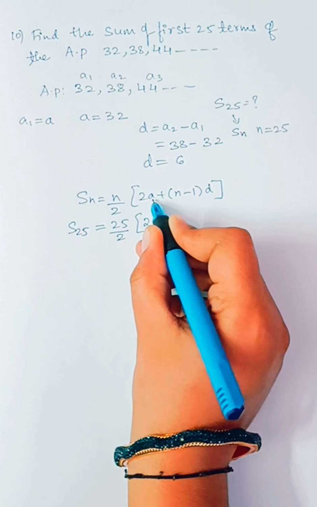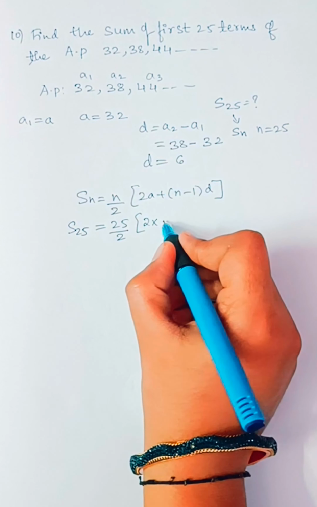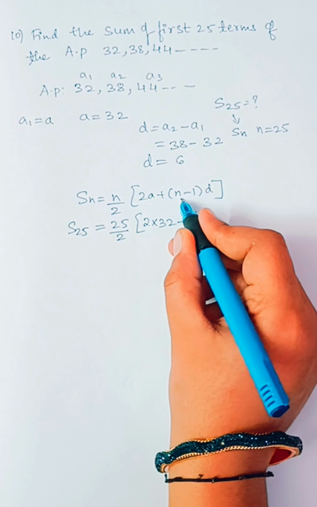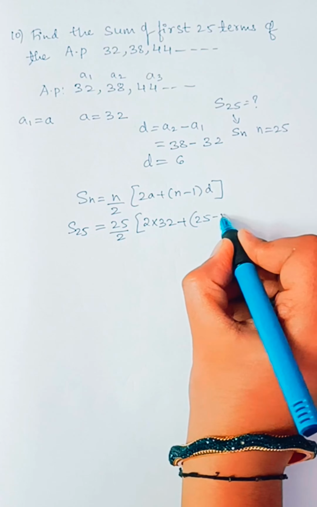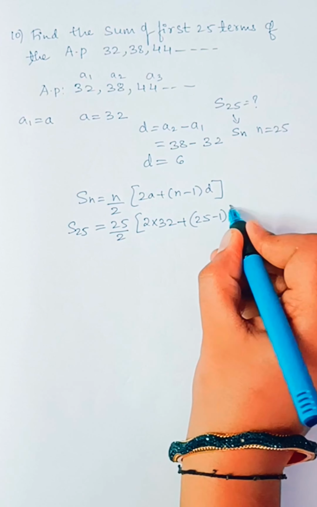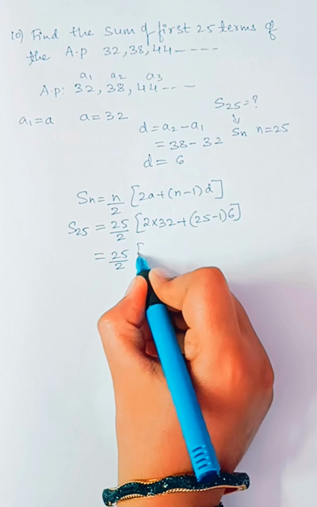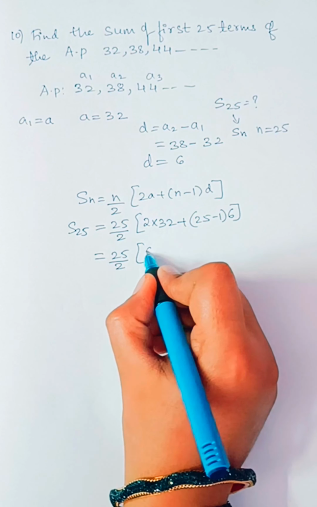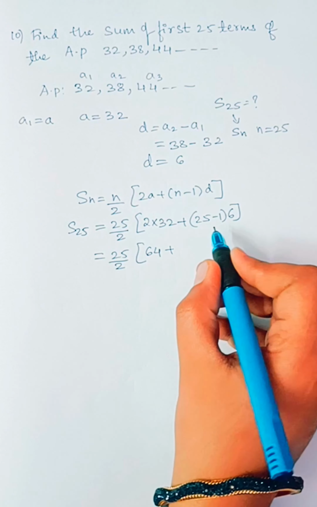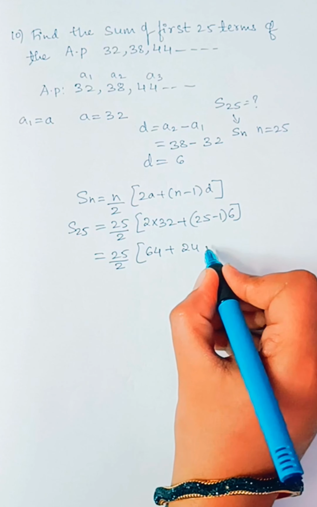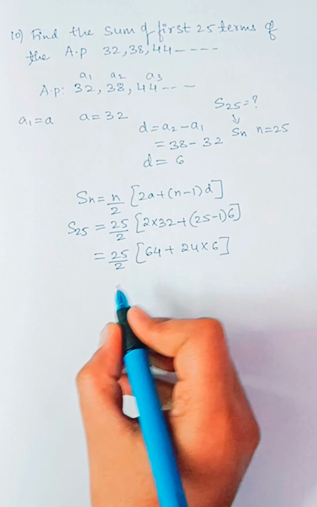So 2 into a, where a is 32, the first term, plus n minus 1 is 25 minus 1, and d is 6. That equals 25 by 2 into 32 times 2, which is 64, plus from 25, if you subtract 1, I am going to get 24 into 6.